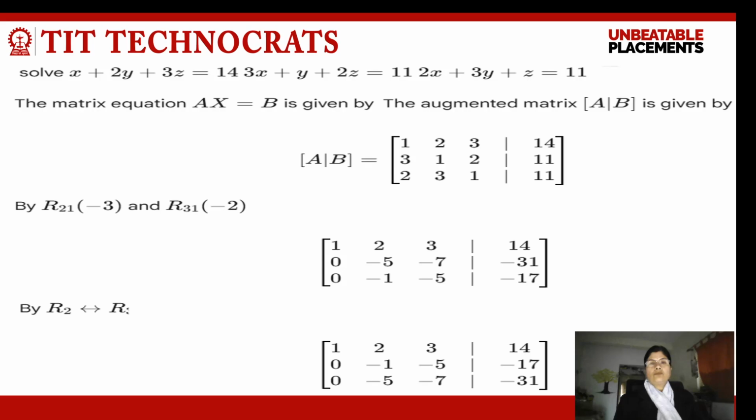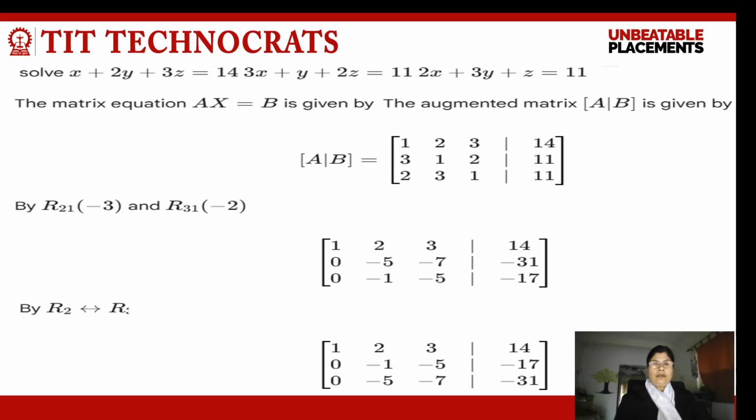So the augmented matrix is A colon B, that is, 1 2 3 colon 14, this is the first row; 3 1 2 colon 11, this is equation 2, that is R2; and the third row, that is R3, 2 3 1 colon 11.